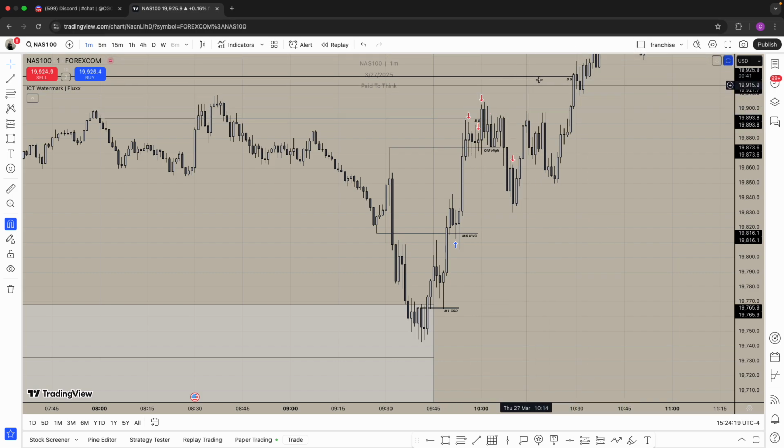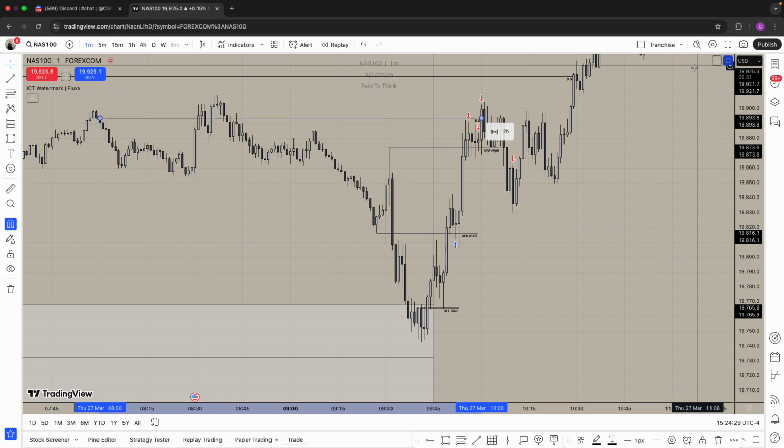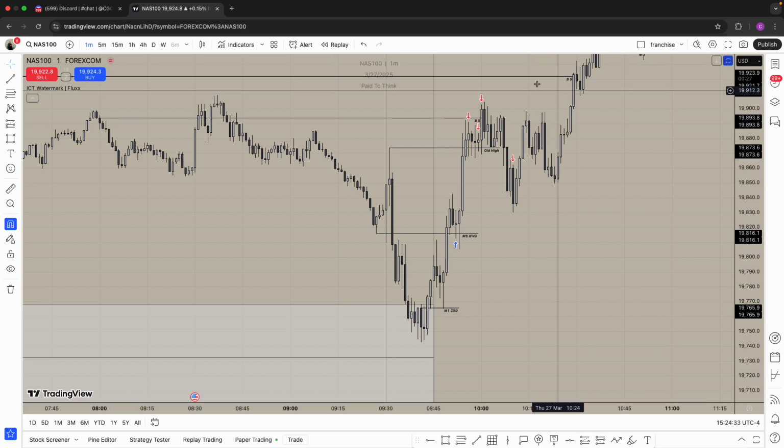You work out what the B would mean and go and look on your chart. Forex.com, go and look what this level means. 19893.8 and 1921.7. Go and see exactly where I've marked.